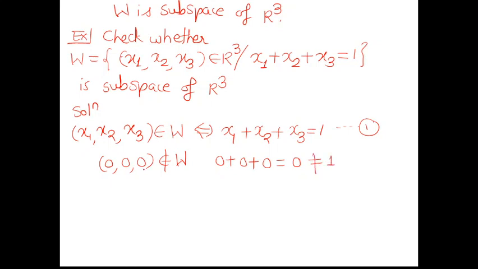So that's why (0, 0, 0) does not belong to W. As the zero element does not belong to W, the first condition fails. We do not have to verify the remaining conditions. Here itself we can declare that W is not a subspace of R cube.